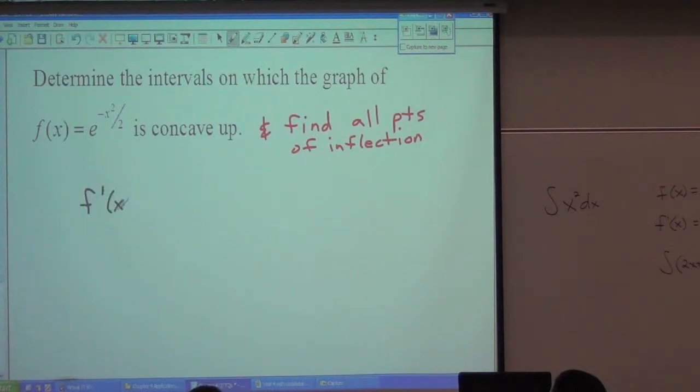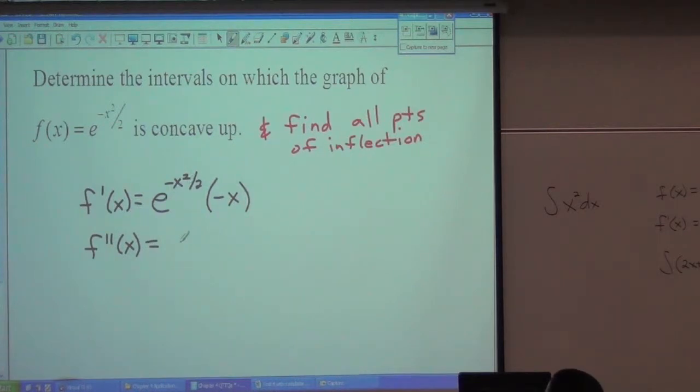So the first derivative here: e raised to a power, the derivative is e raised to the power times the derivative of the power. So the derivative of negative x squared over 2 would be negative 2x over 2, or negative x. So there's the first derivative. The second derivative would be the product rule.